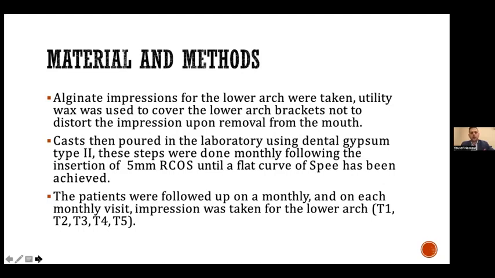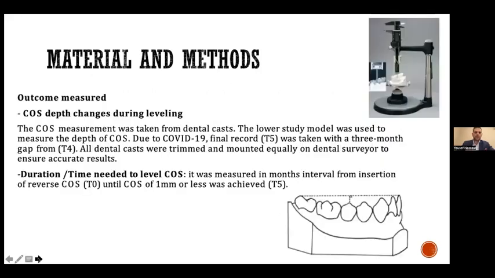The patients were followed up monthly, and on each monthly visit, an impression was taken for the lower arch. So we took T1 to T5. Outcome was measured. The curve of Spee depth changes during leveling were taken from the dental cast, and the lower study model was used to measure the depth of the curve of Spee on the surveyor.